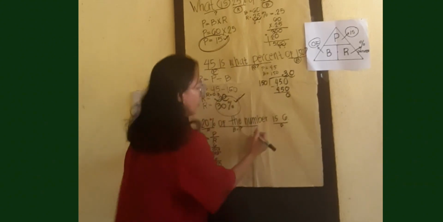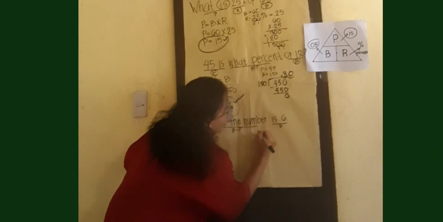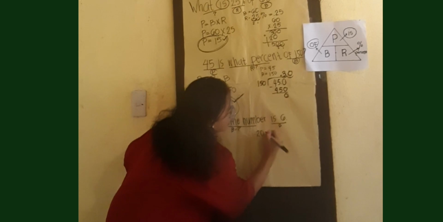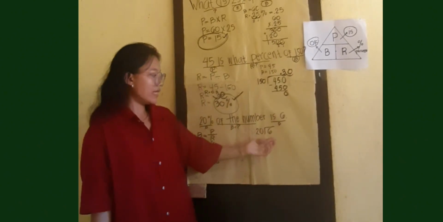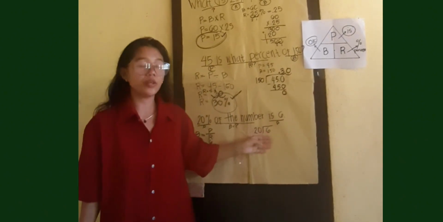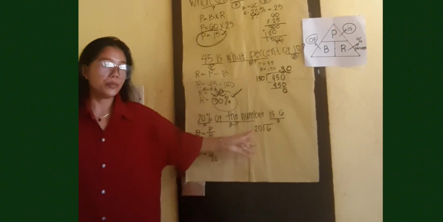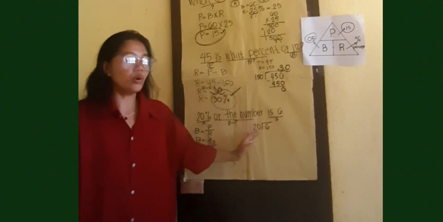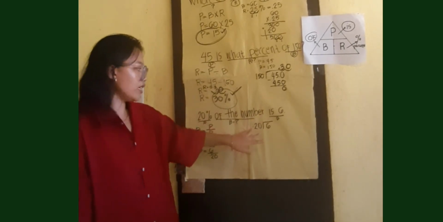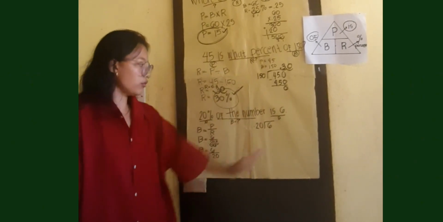So, let's try to solve this one. 20 hundredths divided by 6. So, can we divide 6? Dili pa siya pwede no, kay decimal number man siya. So, ato siyang i-convert into whole number. So, ang kanang decimal, i-move na nato siya kaduha from left to right para mahimo siyang whole number. 1, 2.